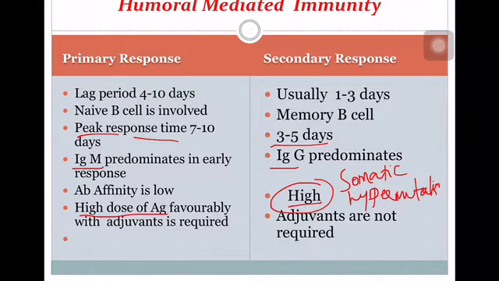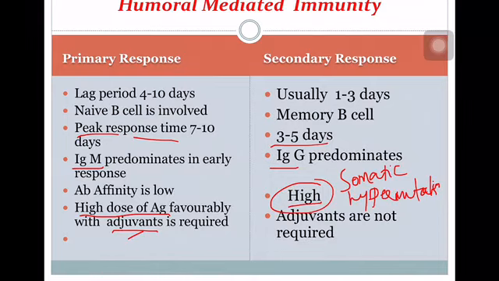In the primary response, a high dose of antigen, favorably with adjuvants, is required. What are adjuvants? Adjuvants are the substances that enhance the immunogenicity of an antigen. They are the substances that enhance the production of antibodies to an antigen.